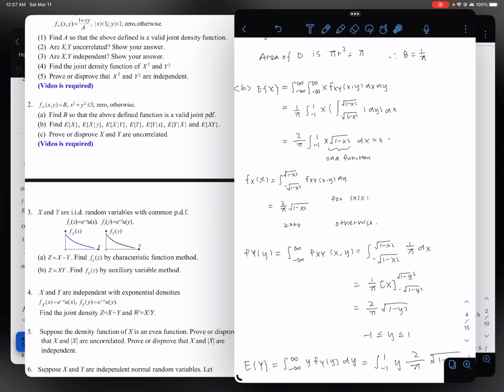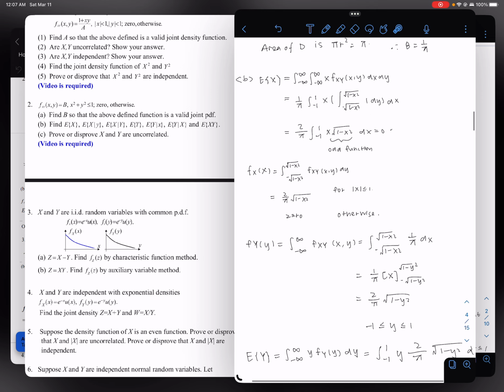So first, actually, we need to know the marginal density function of x, which is to integrate this joint density function in terms of y. And here we have this, 2 over pi times square root of 1 minus x squared.